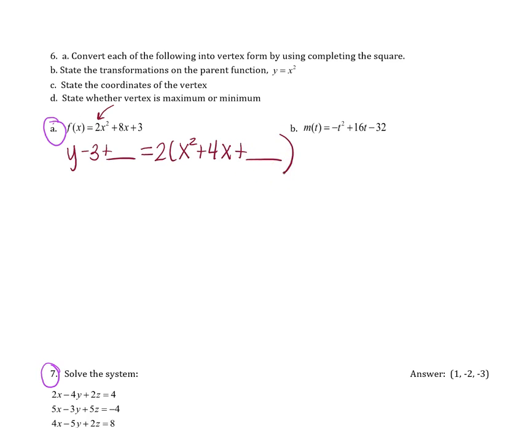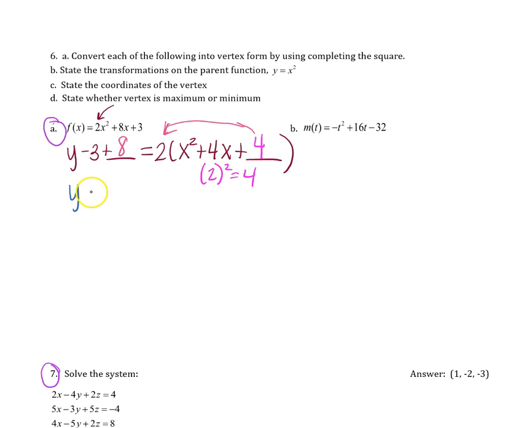Just like so. Now I'm going to take half of b, so half of 4 is 2, square it, that's 4. That's what's going in my parentheses here. But I'm not actually adding 4, I'm adding 4 times 2, which is 8. So that's what's going on the left-hand side. Let's clean it up.